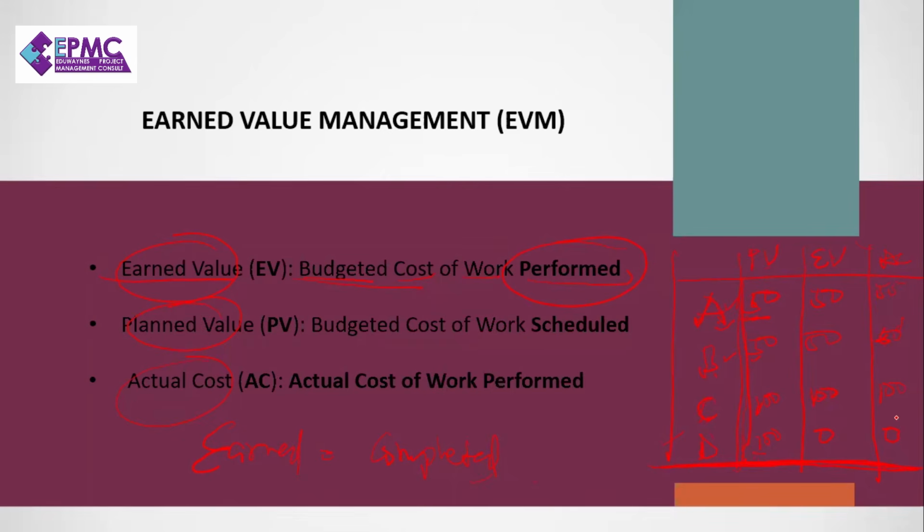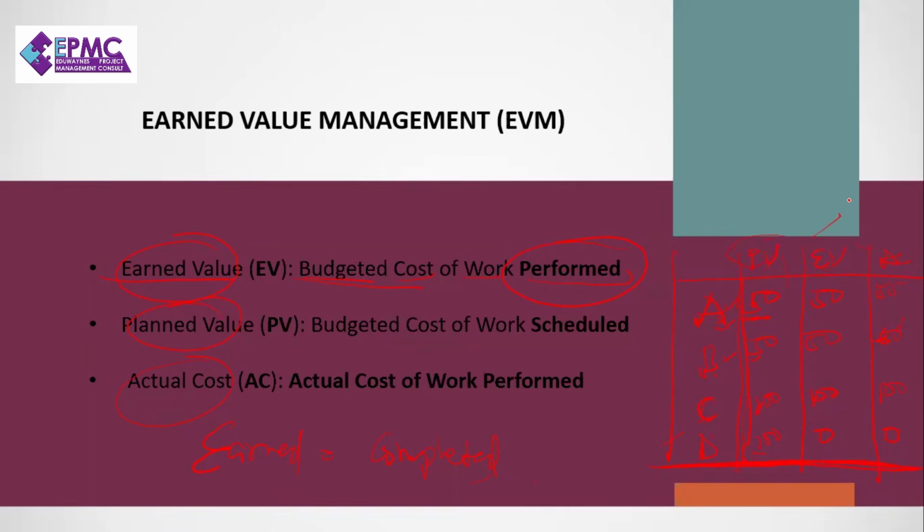Now, if it has been performed, execution. So this will not come at the planning phase. You won't get the end value at the planning phase. They could ask you, the end values could be taken at what stage of the project? Initiation, planning, execution. Where? Execution.